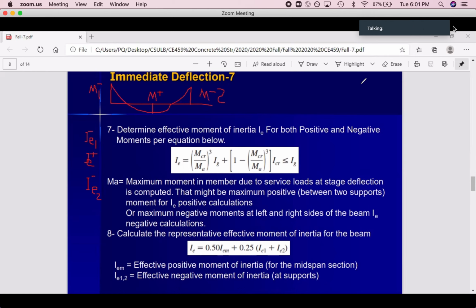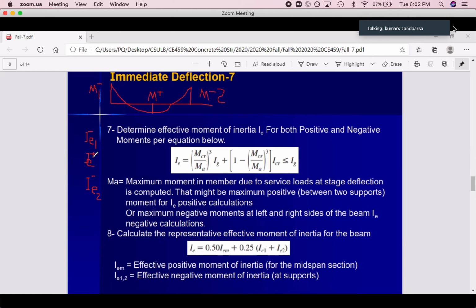What's the question? So when do we know to choose the first equation versus the second equation again? You are talking about these two, this IE and this one. Now look at this. Based on this one, you can calculate effective moment of inertia at the left side, at the middle, and at the right side.